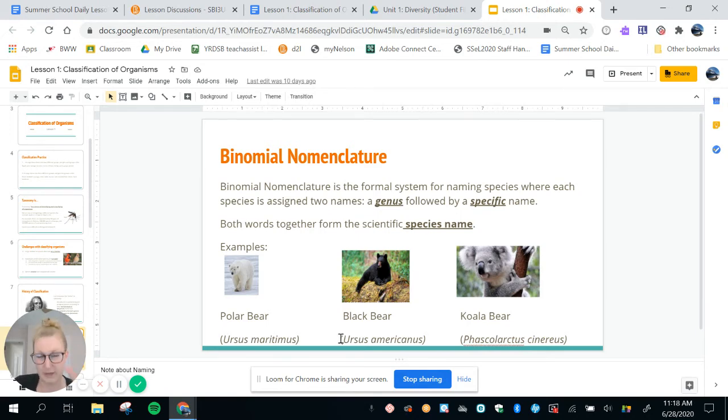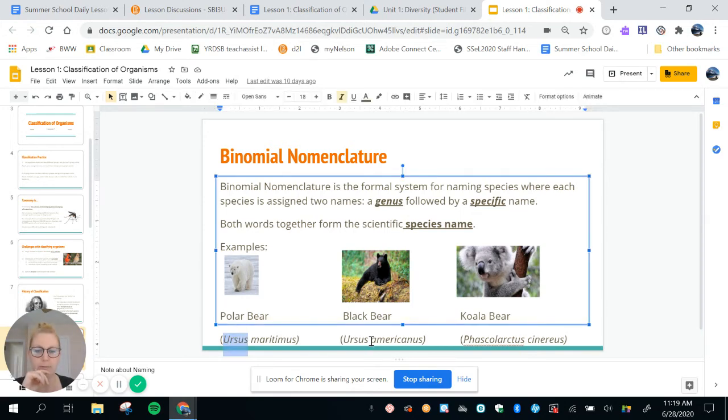Now, what I want to point out here, these three that I've chosen, they're all called bears. But if you look closely, you're going to see that the polar bear and the black bear have something in common, which is this word Ursus. That represents the genus, and I'm going to speak to genus in a few minutes. If we look at the koala bear, its first name, its genus name, is not Ursus, it's something different.